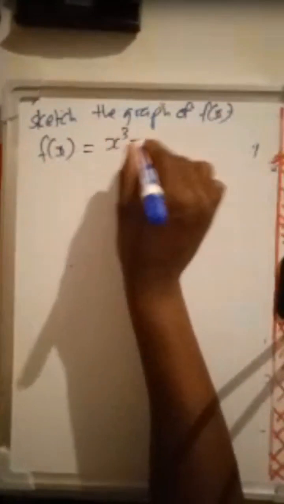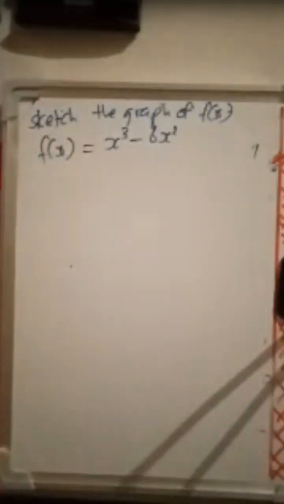Sketch the graph of f of x if f of x is equal to x cubed minus 6x squared. It's also a cubic function, though we are having only two terms. It's a cubic function because the highest power of x there is x cubed.